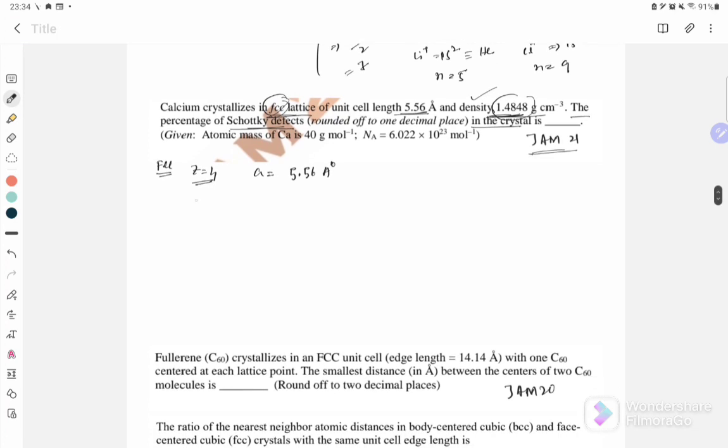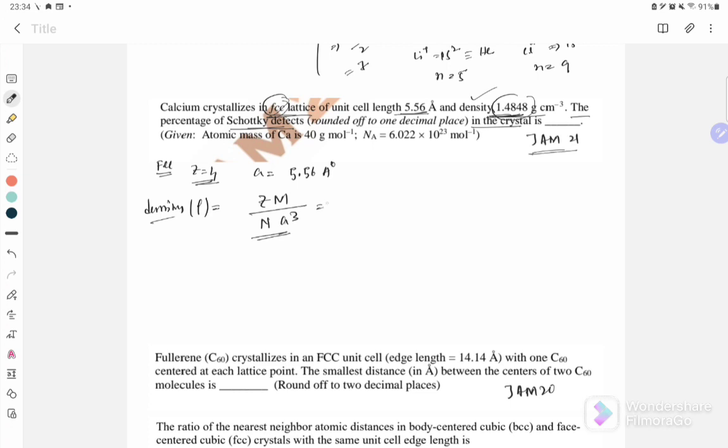So we know that rho, the density, is equal to ZM by N A a cube, where N A is the Avogadro number, M is the atomic mass, Z is the number of atoms present in the lattice, and a is the unit cell length.